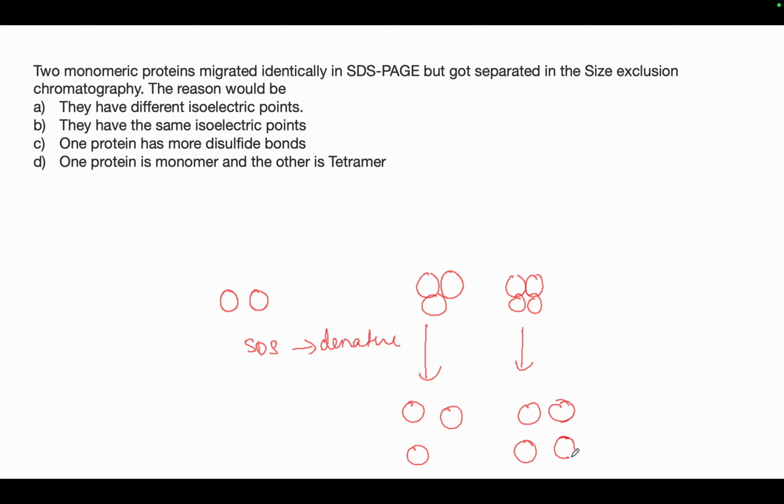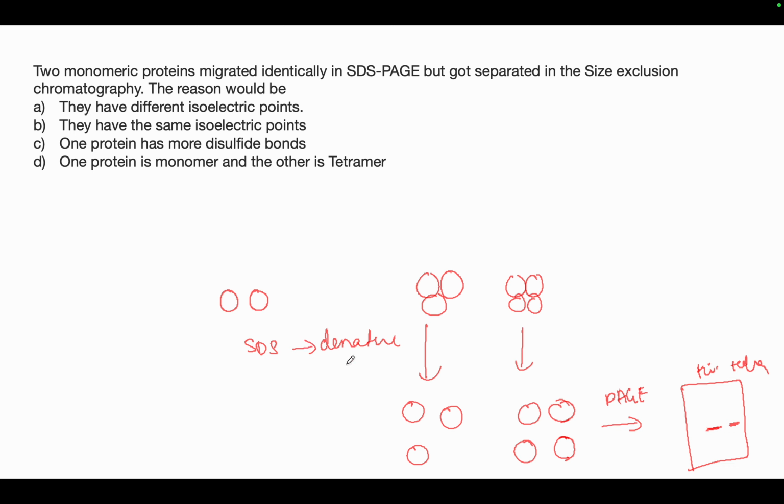Since they are of the same size, when we run them on PAGE, we'll get same size bands, only one band. If we run a trimer and a tetramer, we'll get a same size band, equal size, they will run to a similar length.